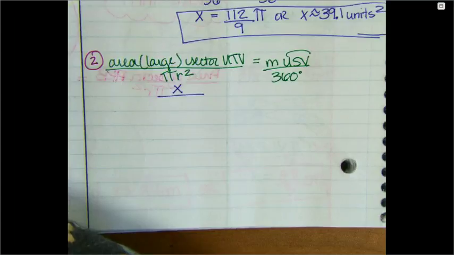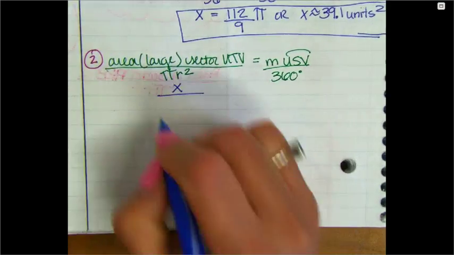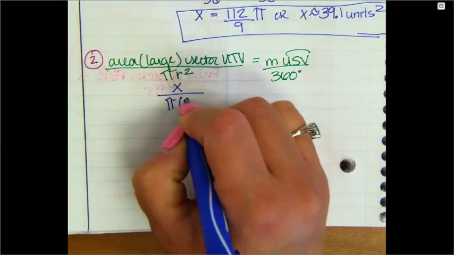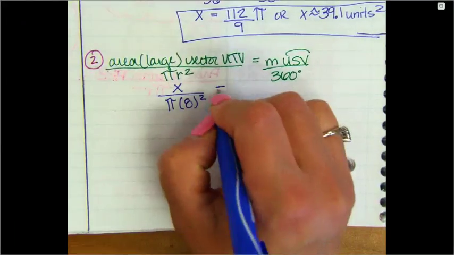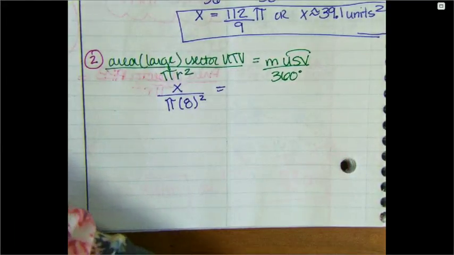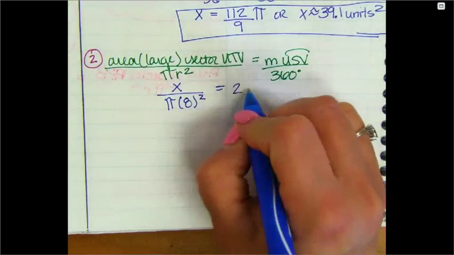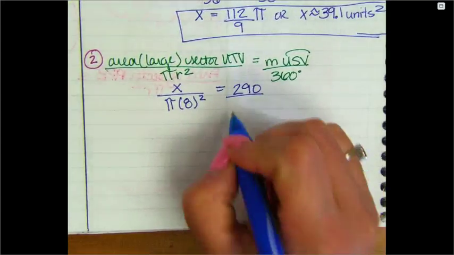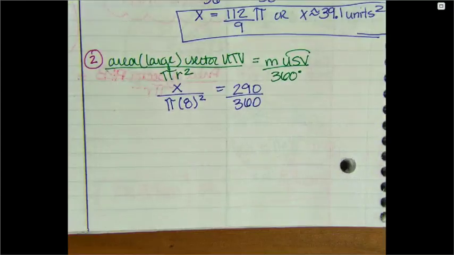Not 64 pi. Pi times 8 squared. That's wonderful. Equals. How'd you get 290? 70 from 360, so it is 290 over 360. Very good.